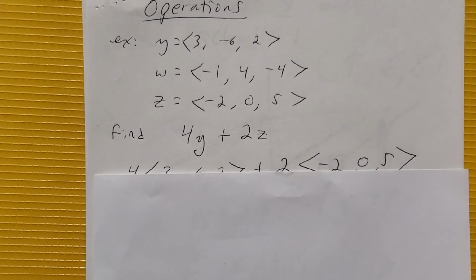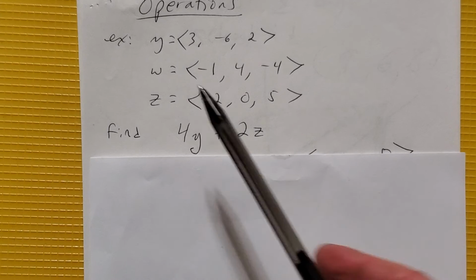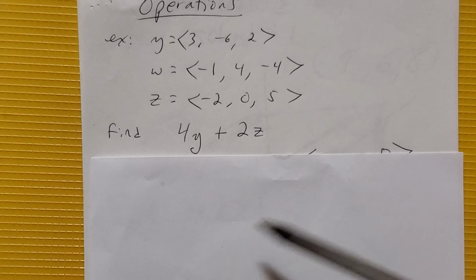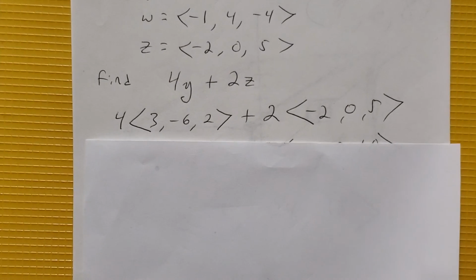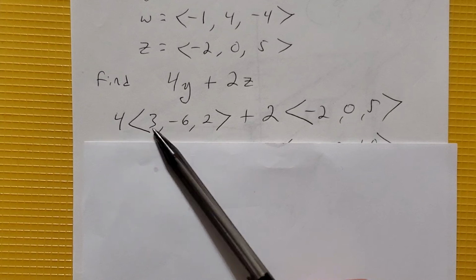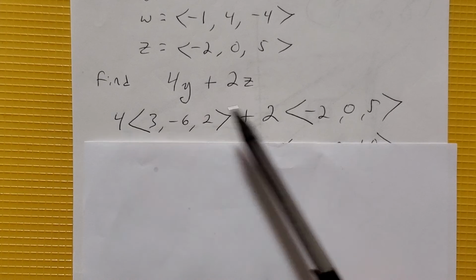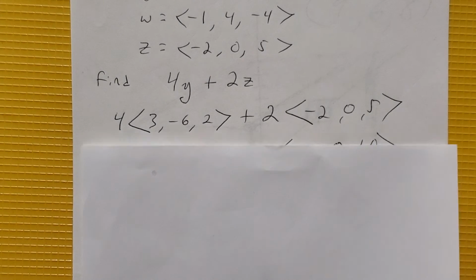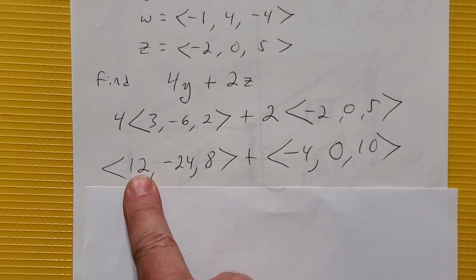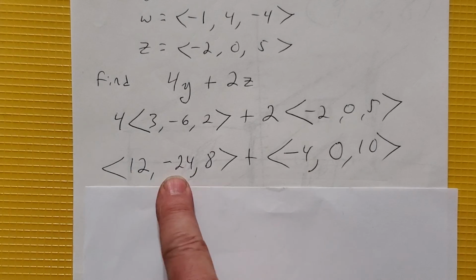Find 4y plus 2z. What that means is 4 times this plus 2 times this. That's what I wrote down. So first, I'm going to multiply. Multiplication comes first. Multiply in the 4, multiply the 2 in, and get that. Now I'm ready to add: 12 plus negative 4, negative 24.